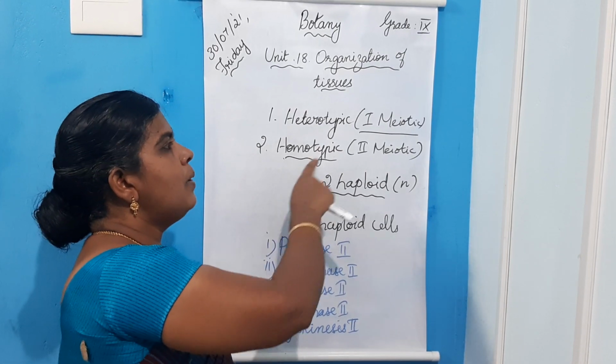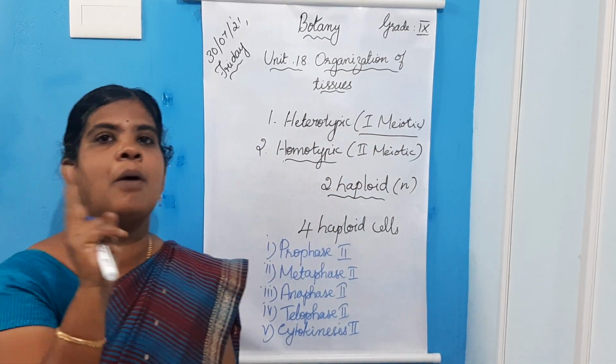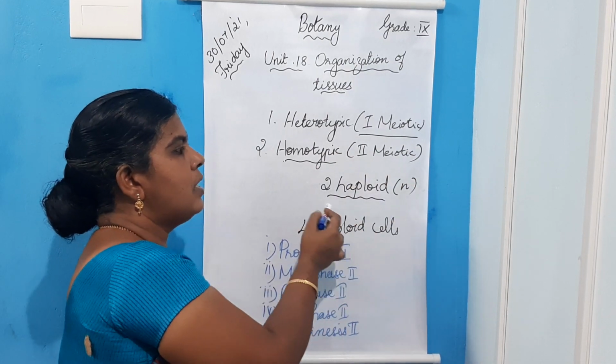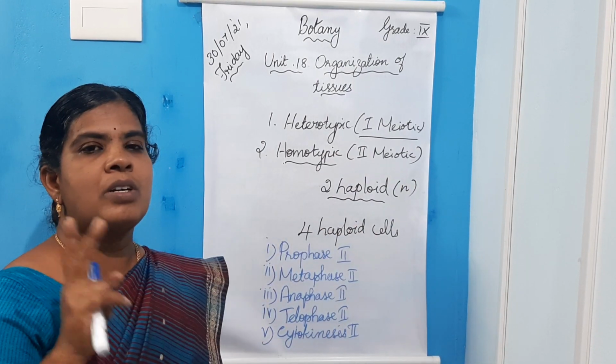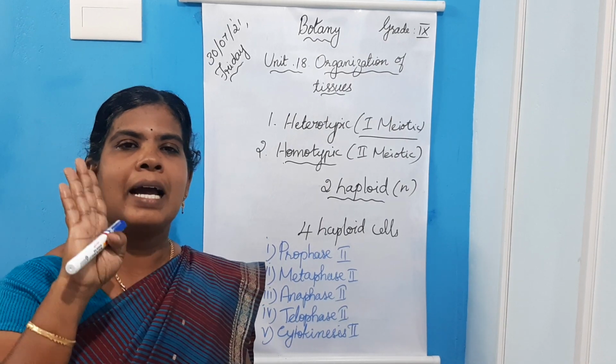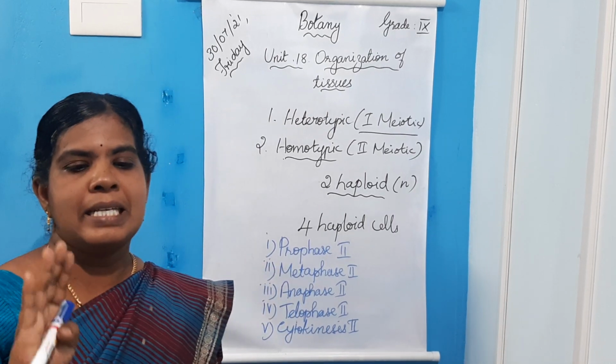I already told you, by the first meiotic division 2 haploid cells are formed. Then these 2 haploid cells undergo the second meiotic division, and 2 haploid daughter cells are formed from each. So 4 haploid daughter cells are formed from meiotic cell division.